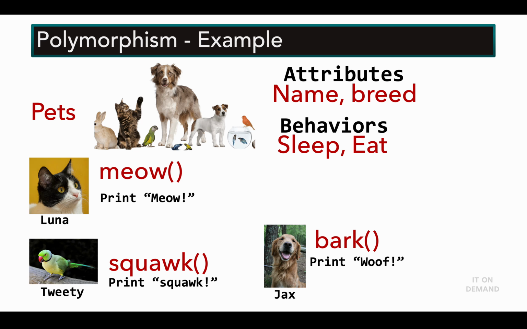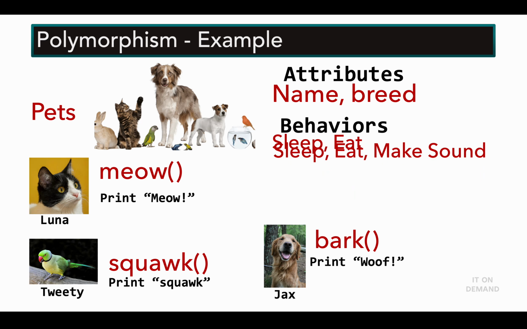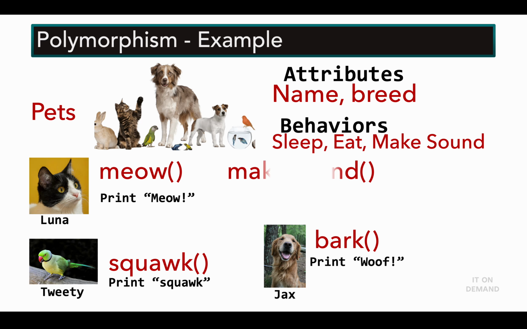So rather than have these three different method names, how about having a behavior that we can now say make sound? And so if we add that behavior called make sound to the pets class, we can then go ahead and replace this method. For instance, we say make sound, replace that meow with make sound.